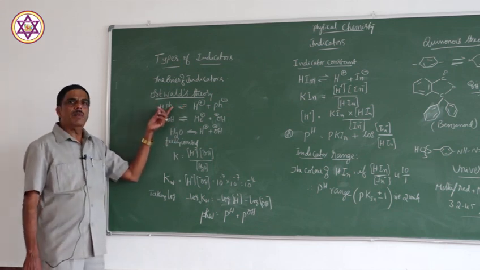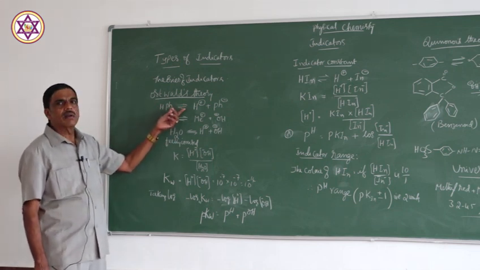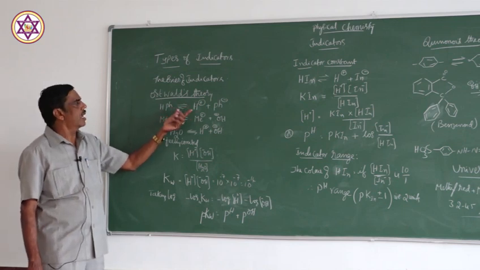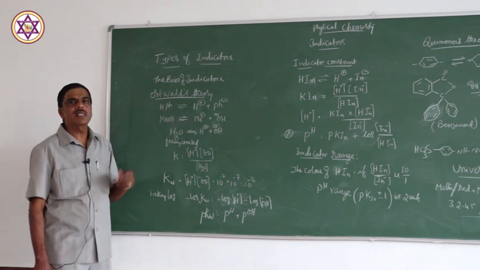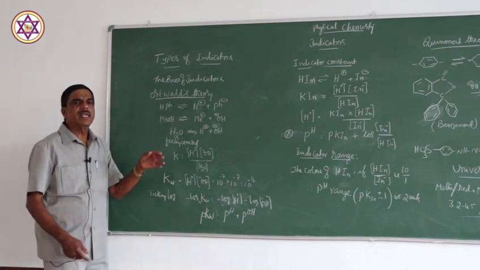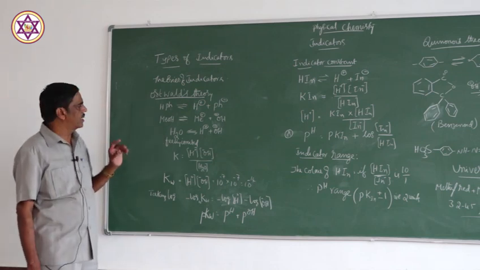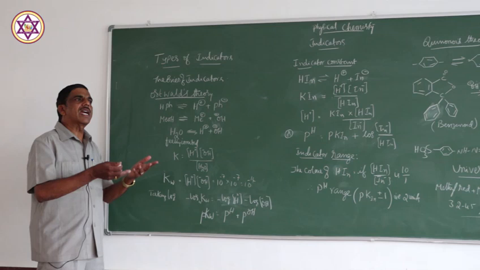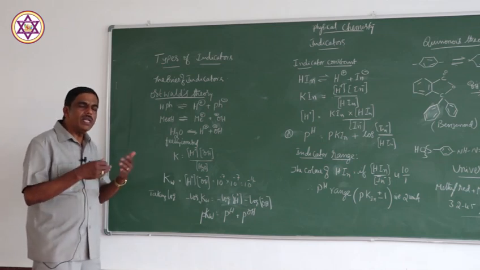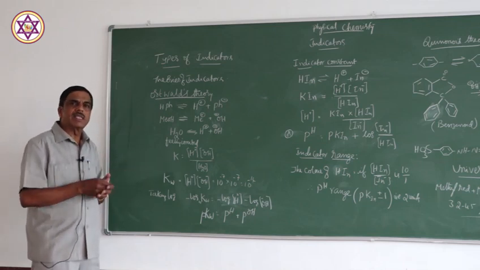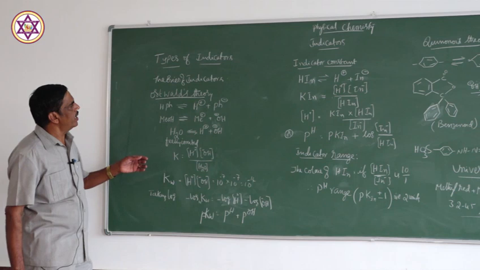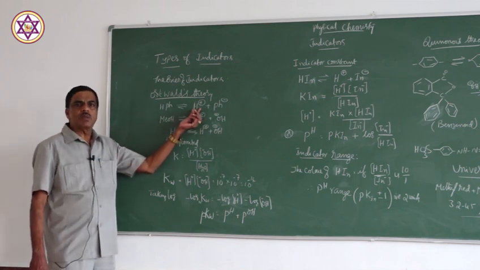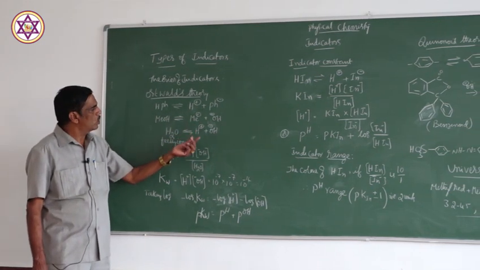Now, when this phenolphthalein ionizes to form H plus, when you titrate an acid with a base, for example, HCl with sodium hydroxide, HCl reacts with sodium hydroxide. After neutralization, it liberates OH minus. This OH minus combines with H plus to form H2O.